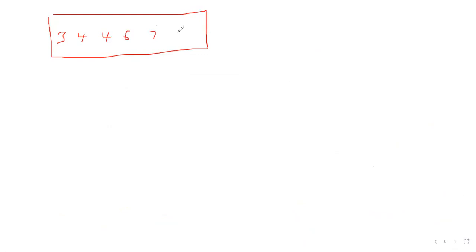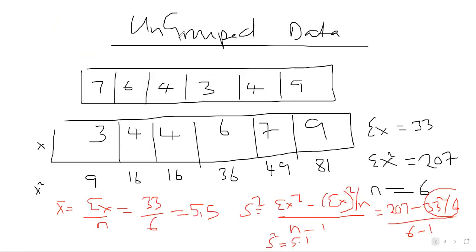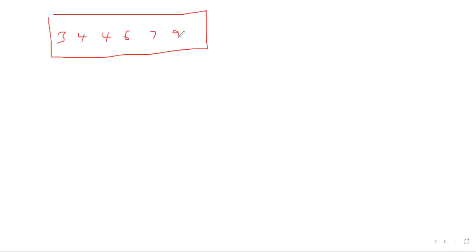So we had our summation of x squared, summation of x, and our n. Our n was 6, our summation of x squared was 207, and our summation of x was 33.